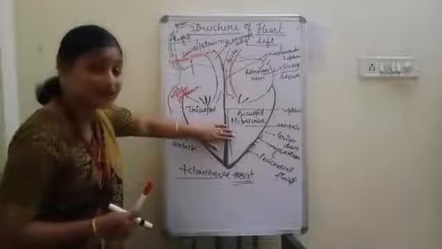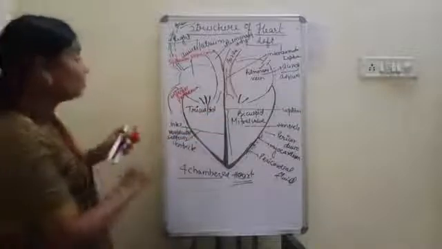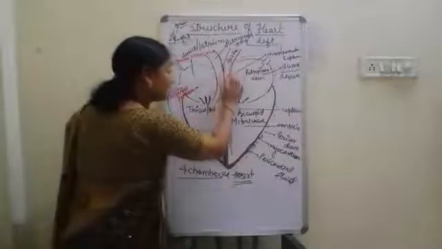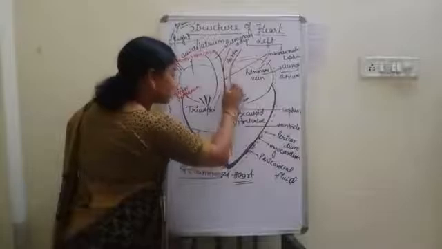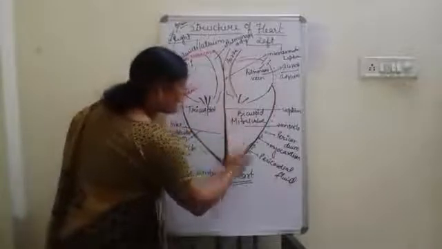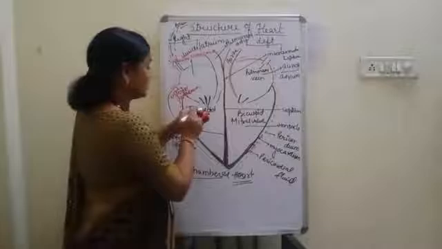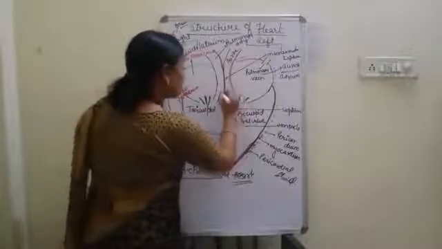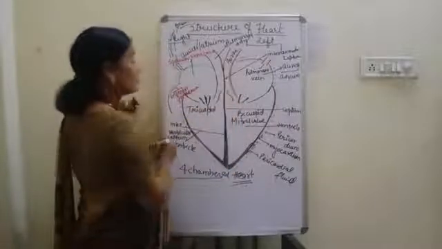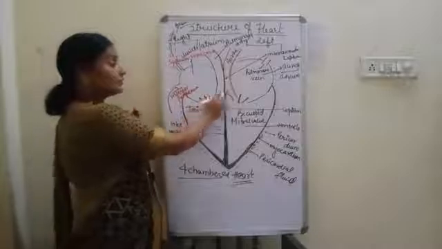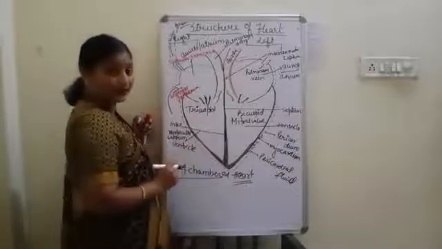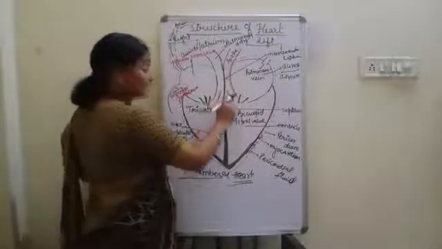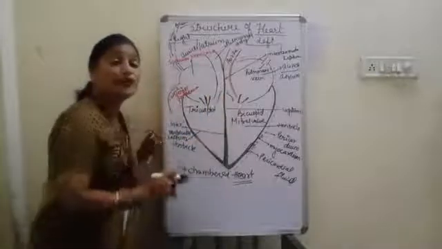Then children, one more valve is visible. Okay, I am erasing this just to avoid the confusion. I am erasing this whole thing. There should not be any confusion for you. Okay, now these two valves regulate the backflow of the blood, and they are called the semi-lunar valves.